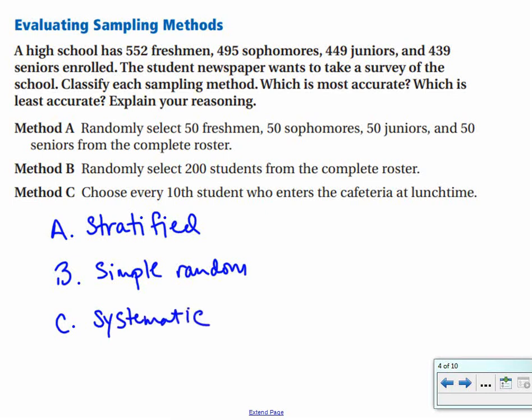Now in terms of which is the most accurate, simple random is the most accurate of these three methods because every student has the same probability of being picked in the school.